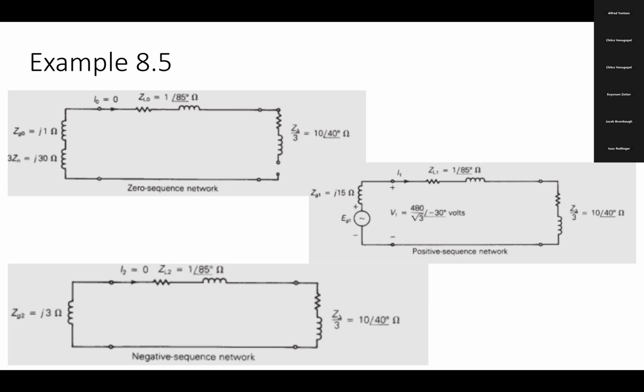So I2 and I0 will be 0, and you get only the positive sequence current. That is how it should behave: a balanced network without any fault should look like this.